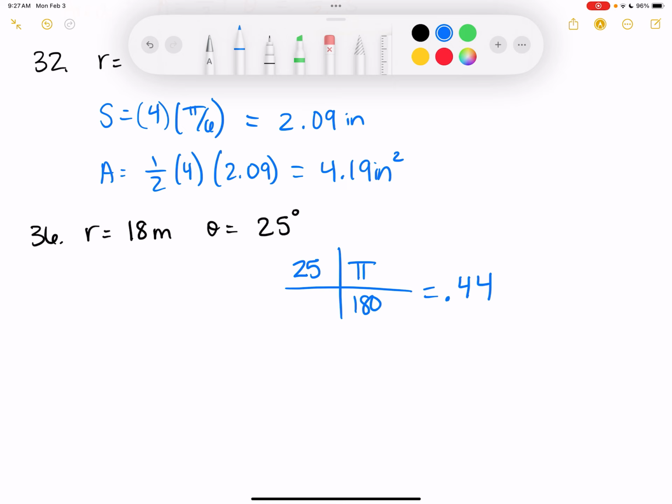So S equals 18 times 0.44. And again, I'm going to use the unrounded number and multiply it by 18 to get 7.85 meters.